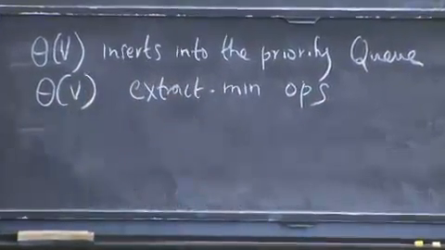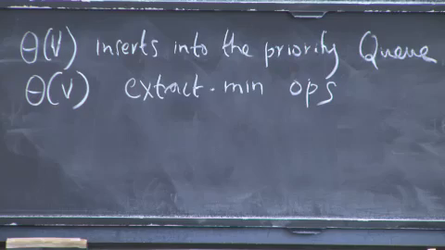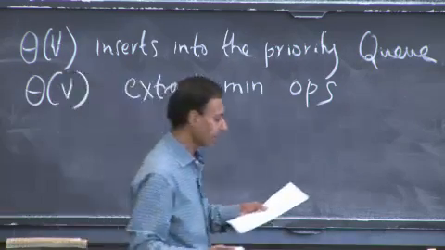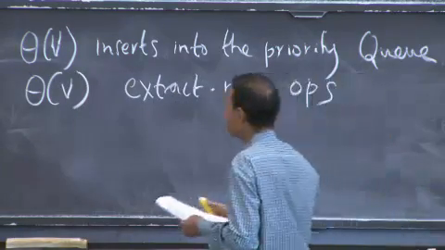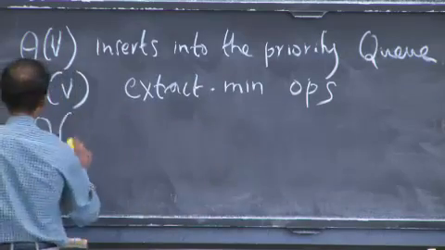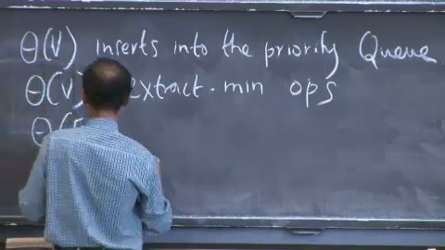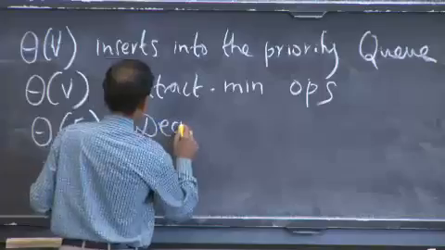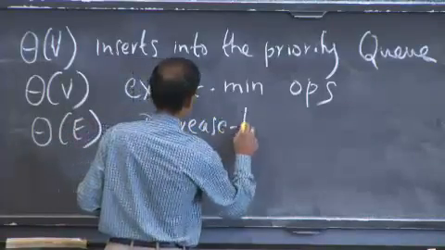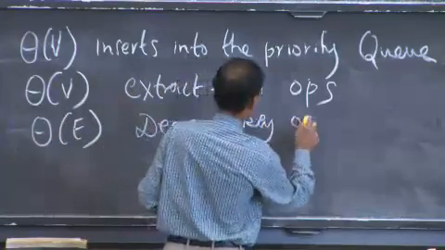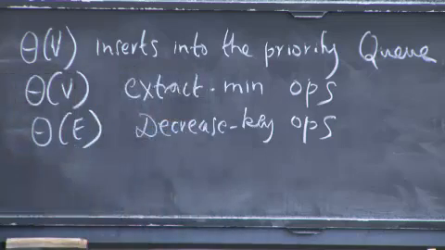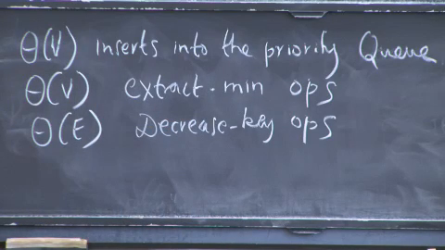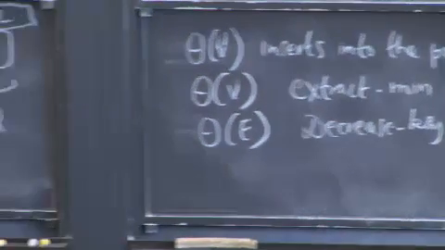I'm only going to delete a vertex once, process a vertex once, and that's why I have theta V extract operations. And I have theta E decrease key or update key operations, because when I do a relax here, I'm decreasing the key.